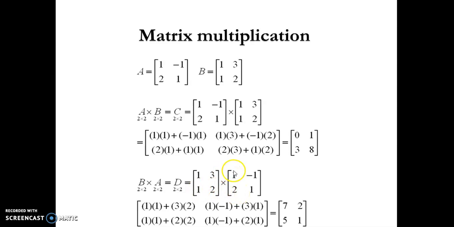So if I say 1 times 1 plus 2 times 2, that is this portion over here, it's going to yield an answer of 5. And then lastly, this element is in my second row, second column. So I need to take my second row by my second column to get this answer. So 1 times minus 1, which is that, plus 2 times 1. So that is going to give me minus 1 plus 2, which just gives you an answer of 1.